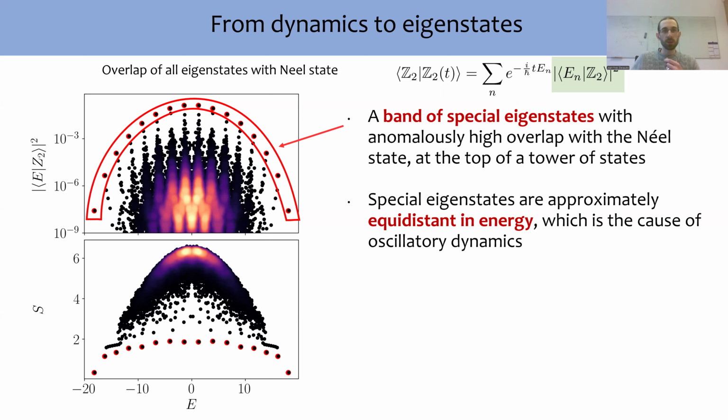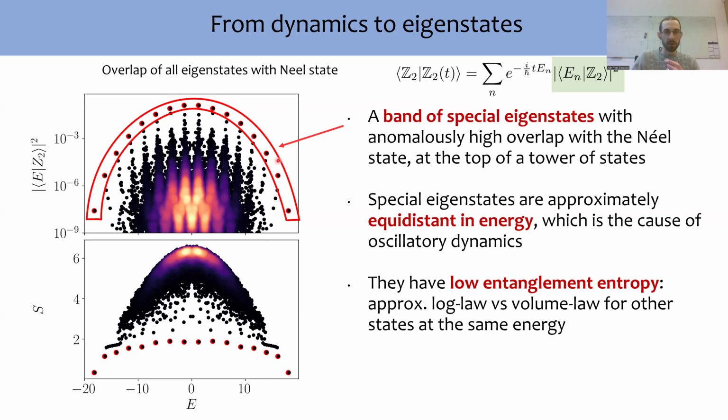And these states are not just special in overlap, they are also special in entanglement entropy. You see that they are at the bottom. And if you look at scaling, they have approximately log scaling of entanglement entropy instead of volume law. So these are actually very special states, and you can check that they do violate the ETH. But meanwhile, the other states, here in this thermal bulk, these do obey the ETH.